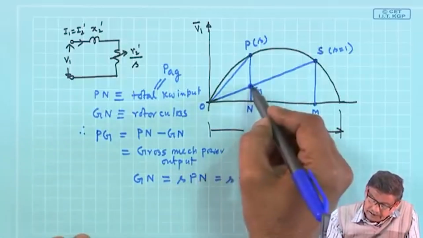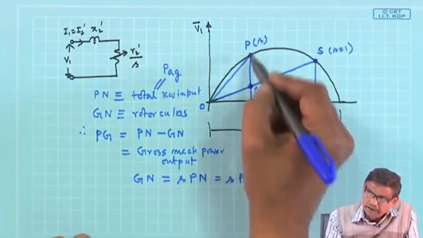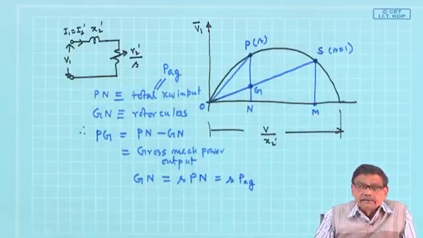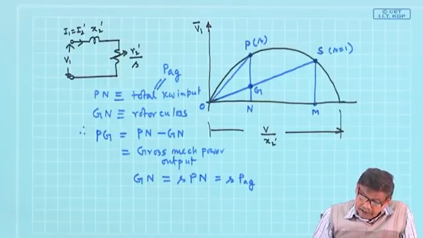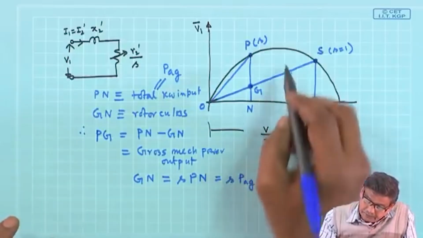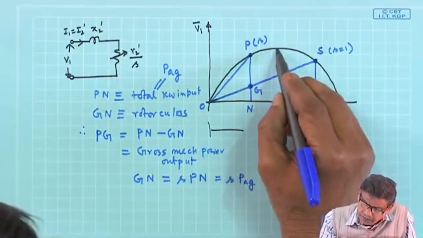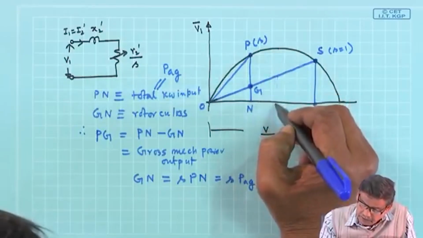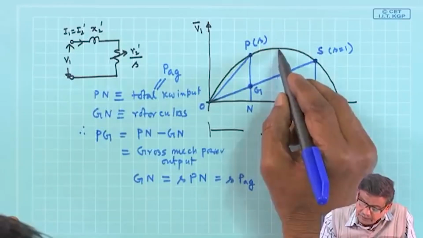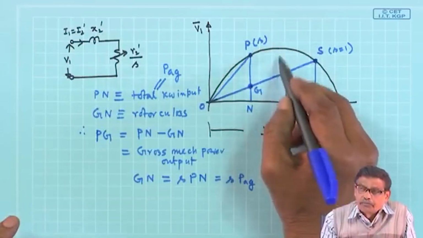So, Gn will be s times the whole length, and the thing is over. Therefore, if it operates at this slip, draw a vertical line; this will be the copper loss at that slip, and this will be the mechanical power output.